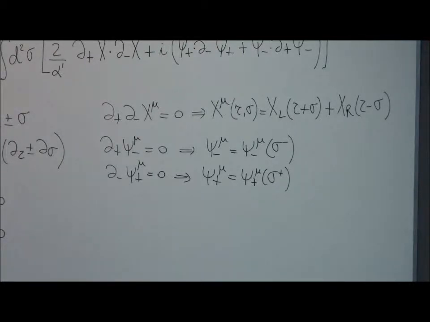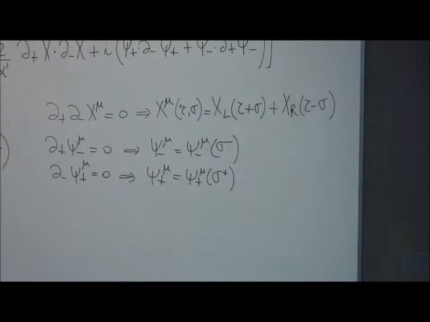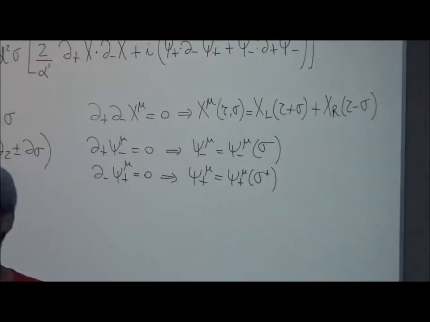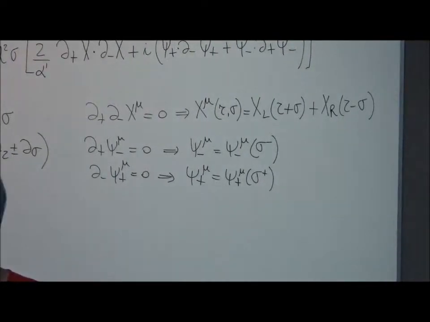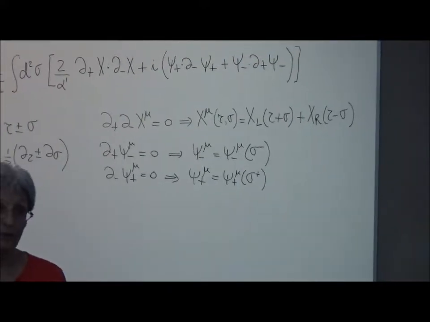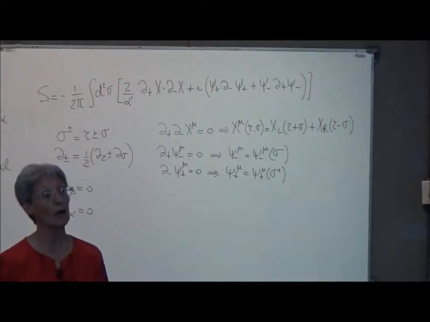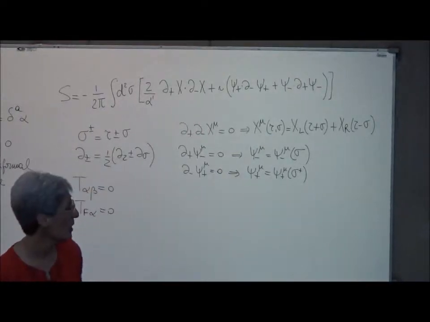So basically these were the solutions to the equations of motion, but then we have to impose the boundary conditions. So when we vary this action with respect to the fields, to X^mu and psi^mu, there are boundary terms which have to vanish, and there are several ways to impose the vanishing of the boundary terms. One is the periodicity of the fields, and this gives rise to the closed string when fields are periodic, or Neumann boundary conditions.